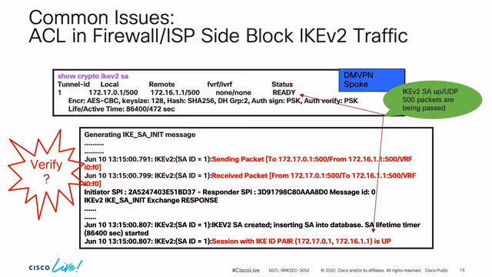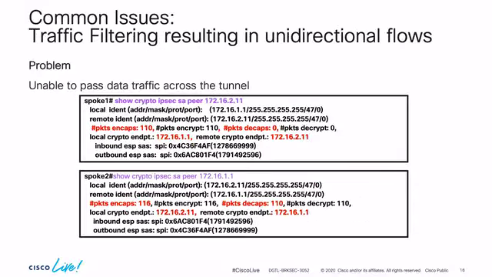Let's look at the second common issue that we've seen. This is where they have issues with passing data across the DMVPN tunnel. If we look at show crypto ipsec sa on the spoke, we see that the packet encaps is incrementing, versus there being 0 packet decaps on spoke 1.